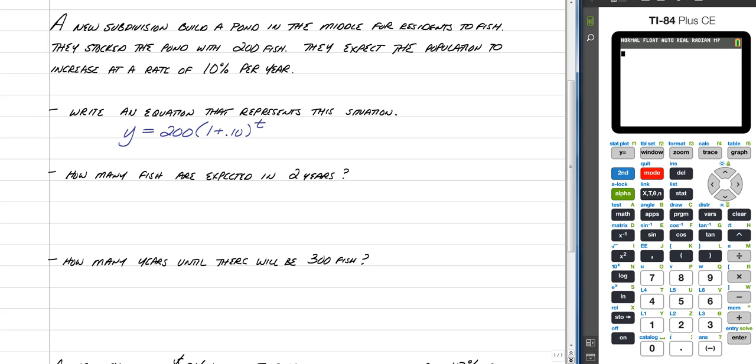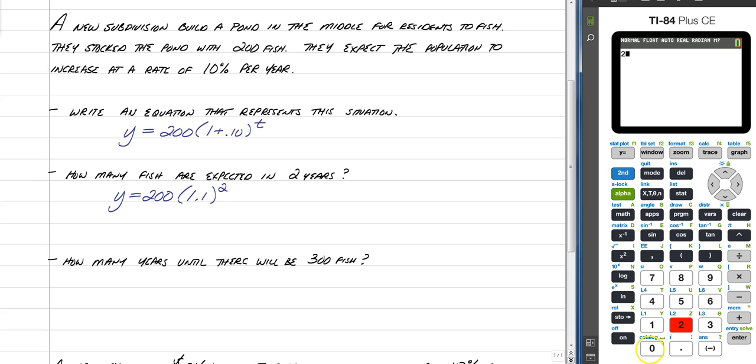So how many fish are expected in 2 years? Now, if you think about this, 10% of 200 is 20 fish. So you're going to guess 240. And I'm going to show you why that's not going to work. And I'll explain it. So y is equal to 200 times, you can combine that if you want to now, you can call it 1.1, raised to the second power.